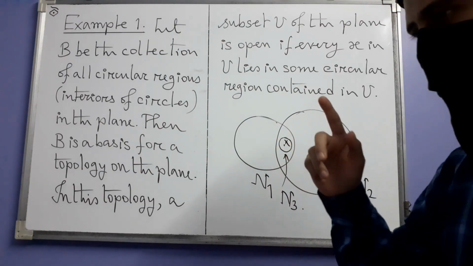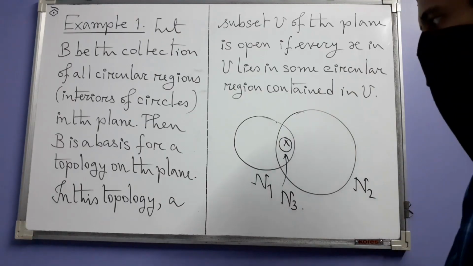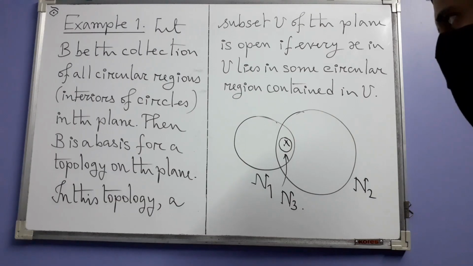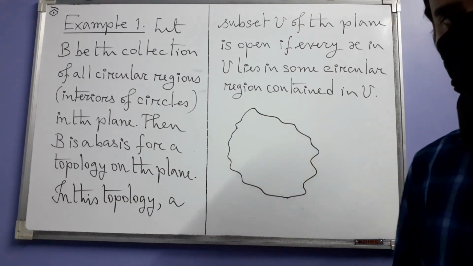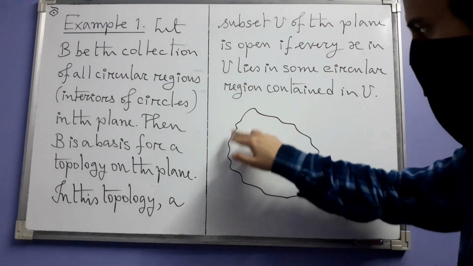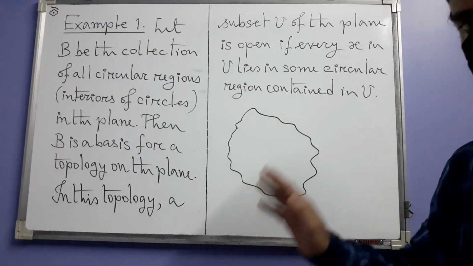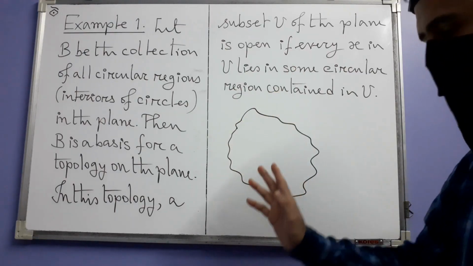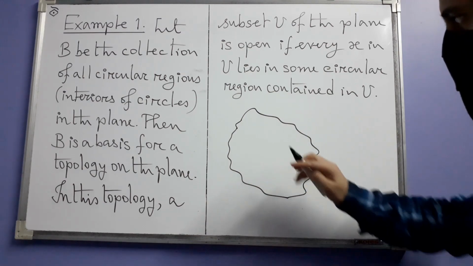But there may be other open sets of pretty irregular shapes. For example, let me draw another diagram. So this exact region, the region enclosed within this simple closed curve, that is really an open set in this topology. The boundary is not there in this set, so without the boundary.